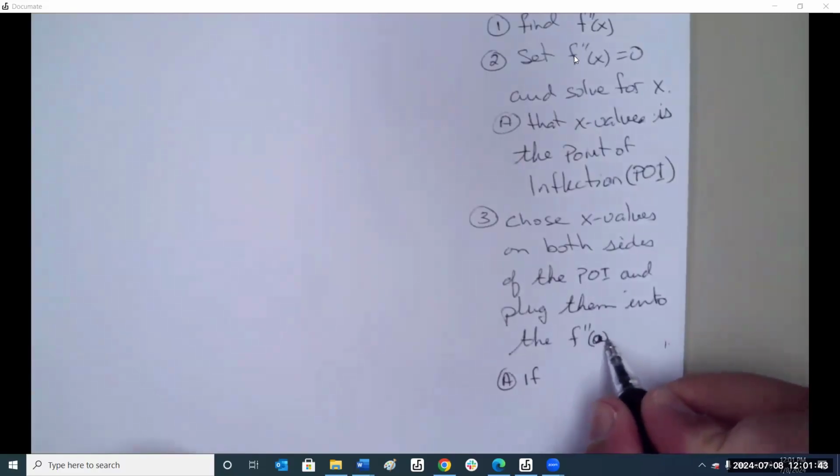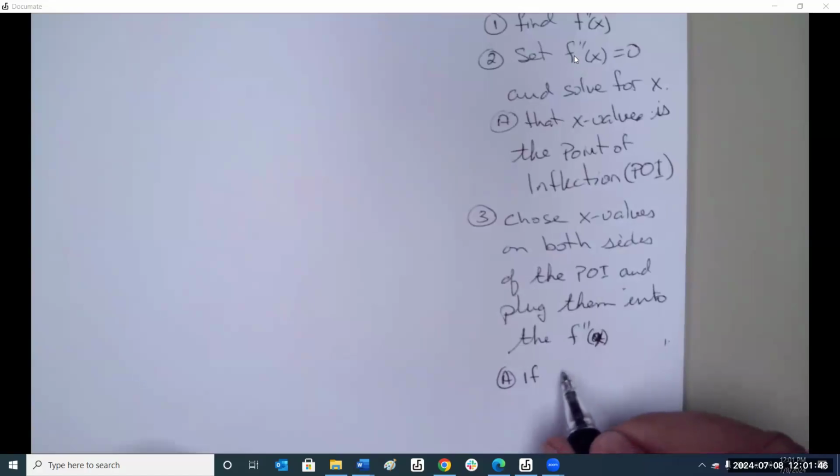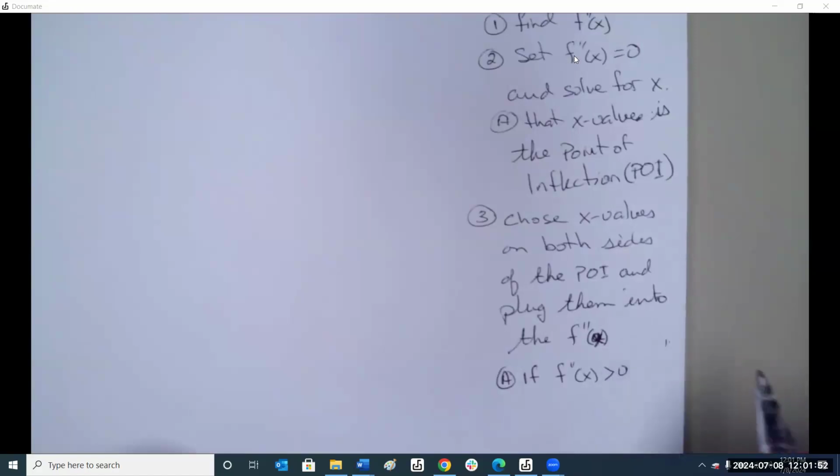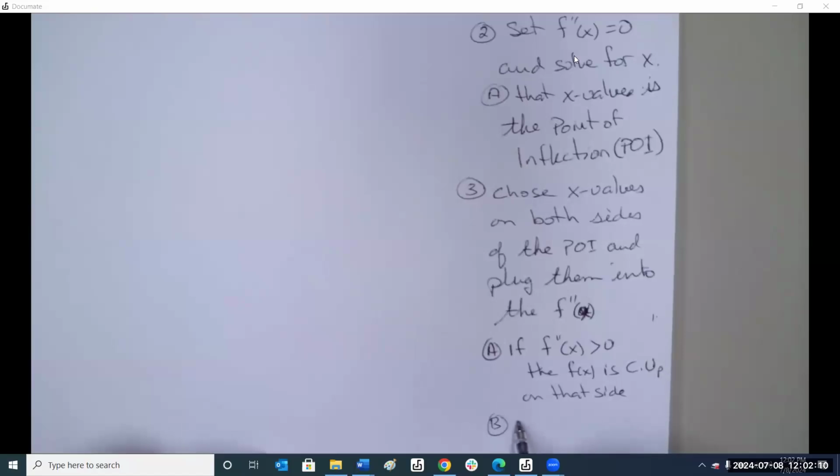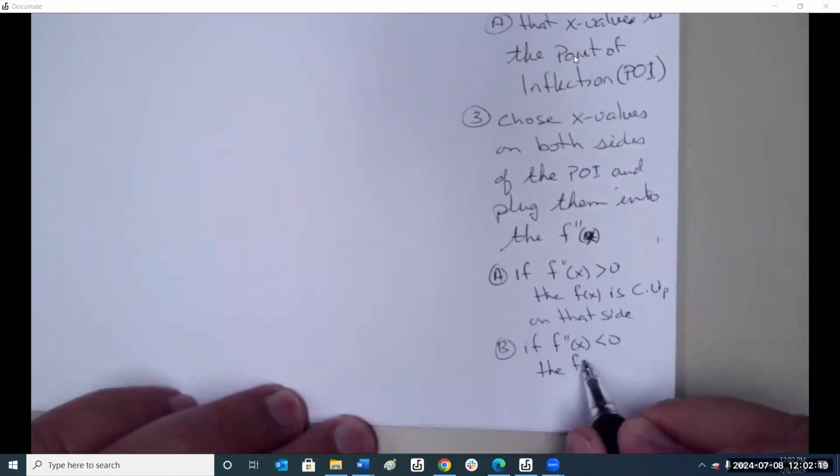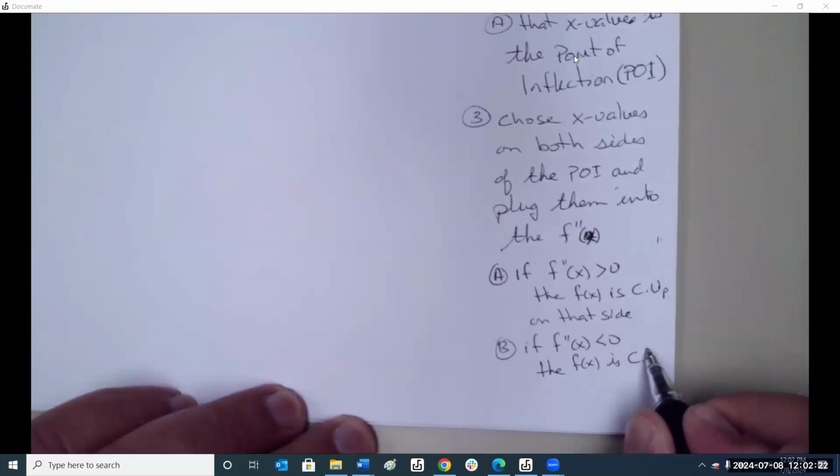If the value is positive, then f of x, the function, is concave up on that side. If the second derivative is negative, the function is concave down on that side.